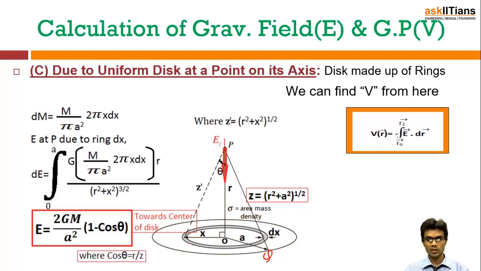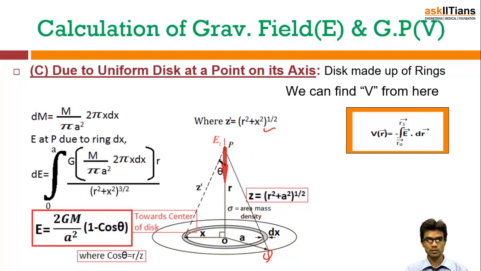Now let us consider a ring at distance x from the center, of thickness dx. Now this is the x, this is the r. So we can find this z dash. z dash is equal to under root x square plus r square.